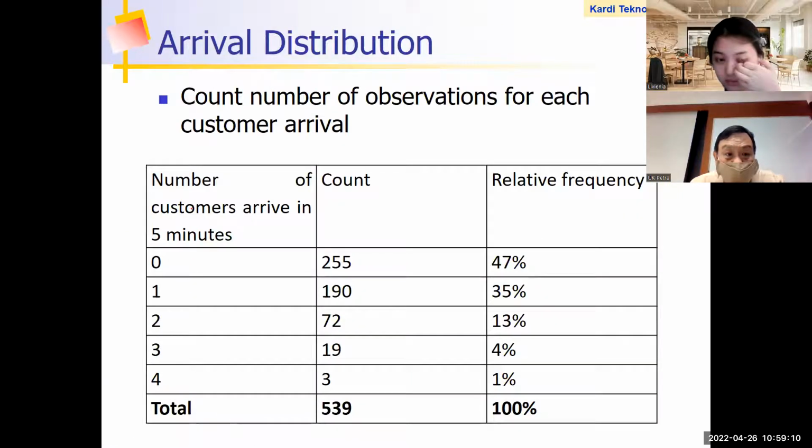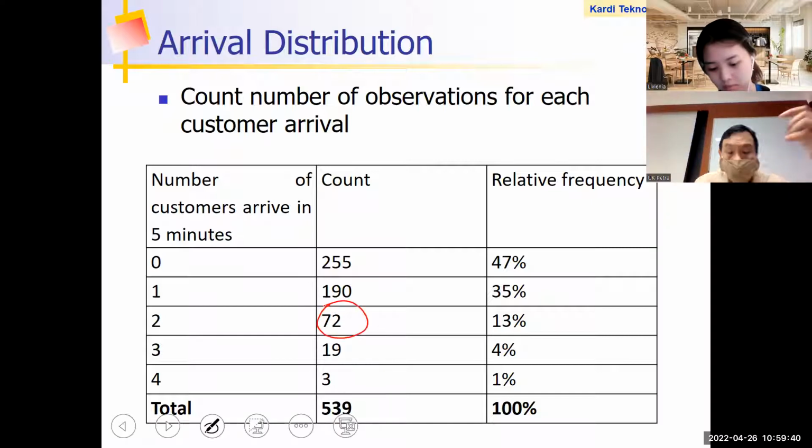From those 5-minute intervals, you will create what is called the arrival distribution. Every 5-minute interval is one slot. Now, how many customers arrive in that 5-minute interval? For example, 72 times it happened that only 2 customers arrived in 5 minutes.